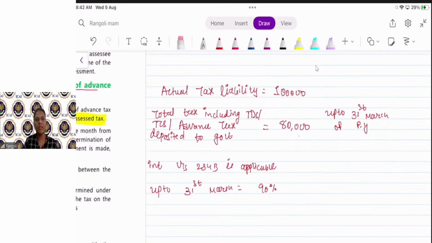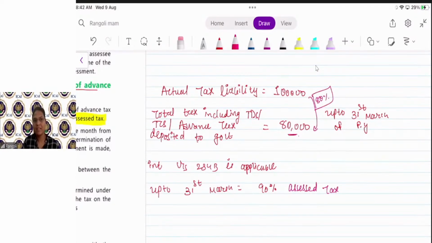So in our case, up to 31st March, I have deposited 80% of my assessed tax. Yes or no? 80,000 comes to 80% of 1 lakh.